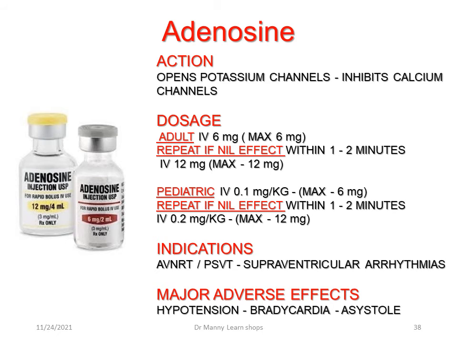It's repeated if there are no adverse effects within 1 to 2 minutes. So you can give a maximum dose of 12 milligrams. In pediatrics, 0.1 milligrams per kg, maximum dose 6 milligrams, the same as an adult. And if there are nil effects, if they don't go into asystole, then within 1 to 2 minutes you can repeat the dose. But again, maximum dose 12 milligrams.